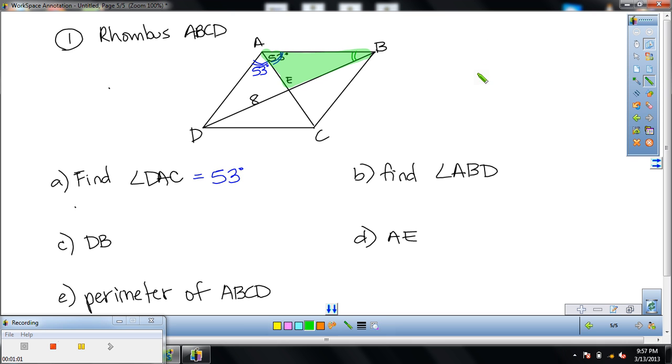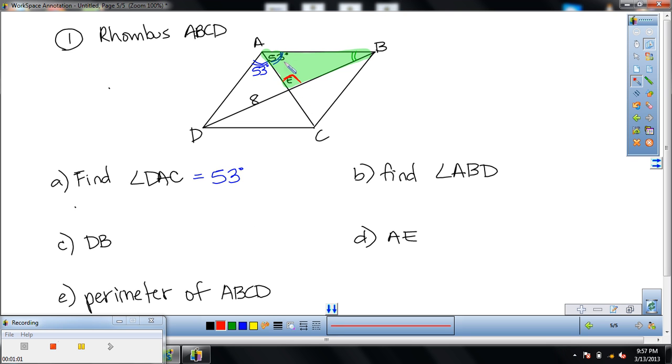So I have to think back to my properties. What properties do I know? Is there anything about my sides that's going to help me find this? No. Is there anything I know about the angles that's going to help me? Not really, because I don't have enough information to use anything to help me with my angle properties being bisected. But the property of diagonals told me that when my diagonals intersect, a 90-degree angle is formed.